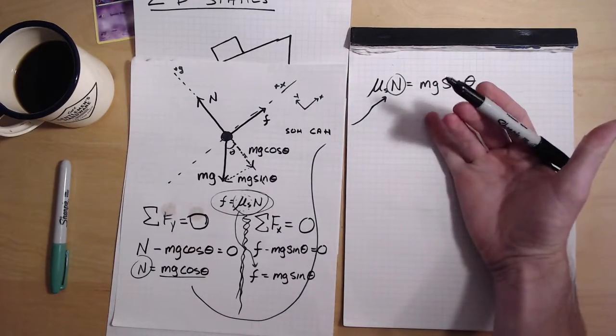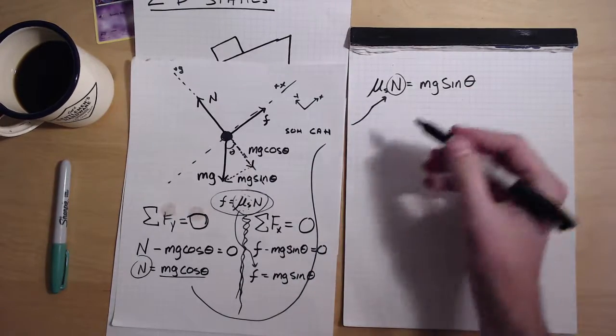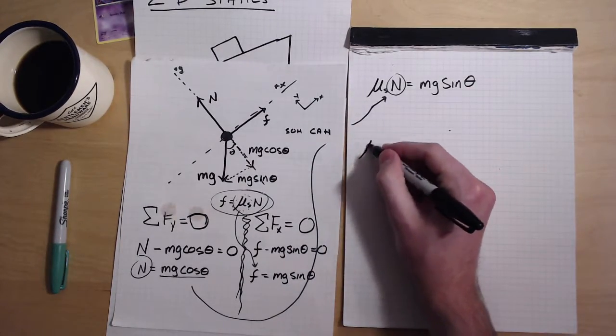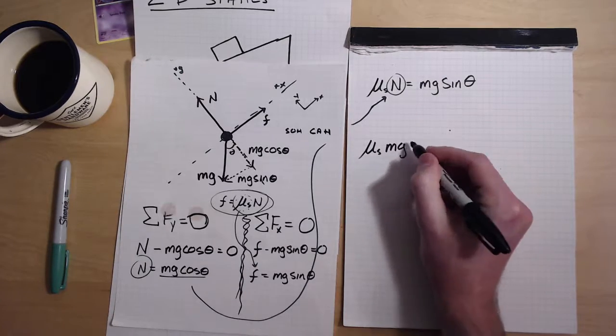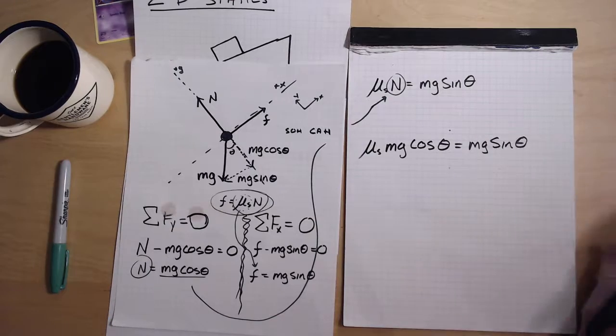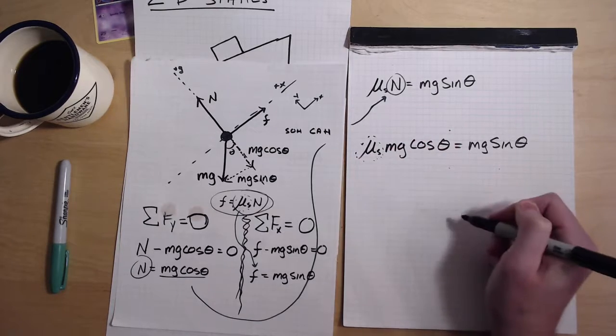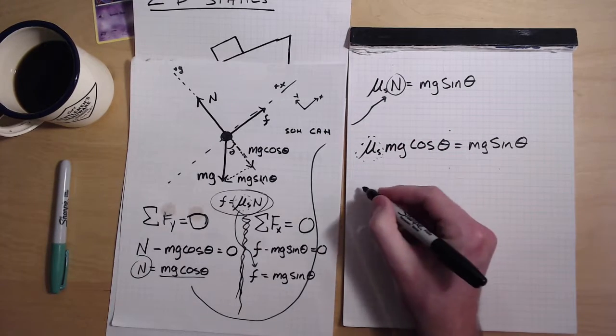Remember, we're just doing algebra right now. This isn't any physics. We already did the physics. Now it's just a matter of algebra. So we're going to get, okay, and remember we're trying to solve for mu s. So let's go ahead and solve for this.